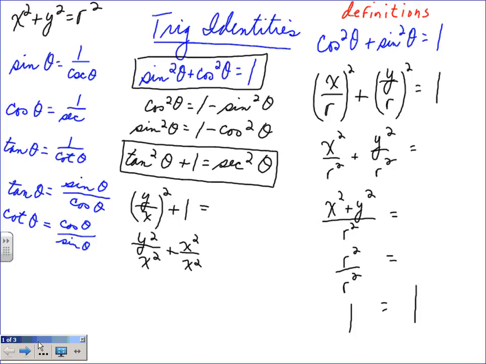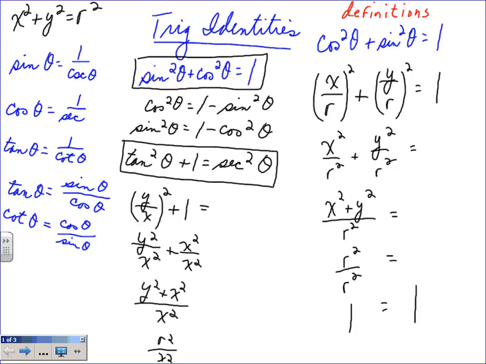So, because I have a common denominator, I can add the numerators together. What is y squared plus x squared? R squared, right? Our Pythagorean identity. So I have r squared over x squared. And by definition, that is secant squared. Okay? So that's how you do a trig proof. It's just using your algebra skills.